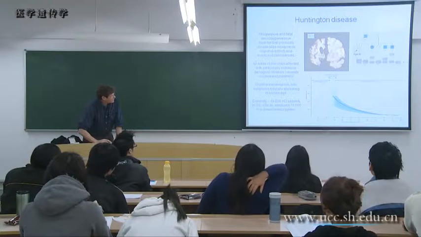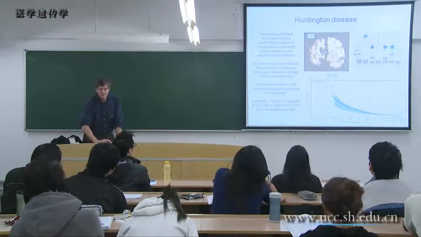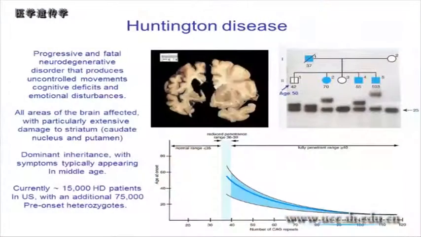And you can see that this part of the striatum is just totally absent from the brain of a person with Huntington's disease. This is a disorder where people don't become symptomatic until middle age, usually in their 40s or 50s in many cases. And it's invariably fatal.